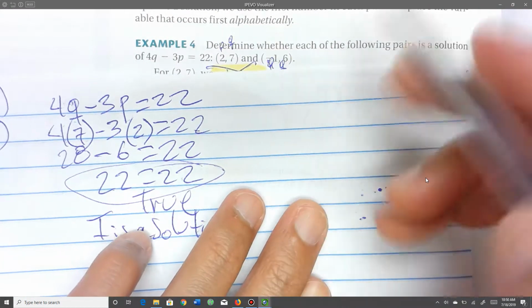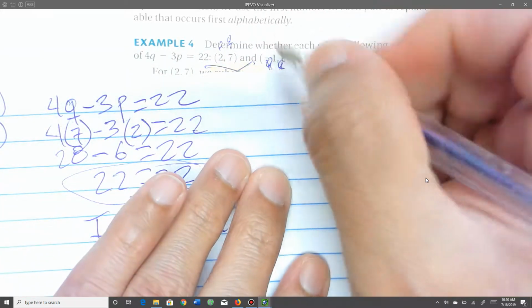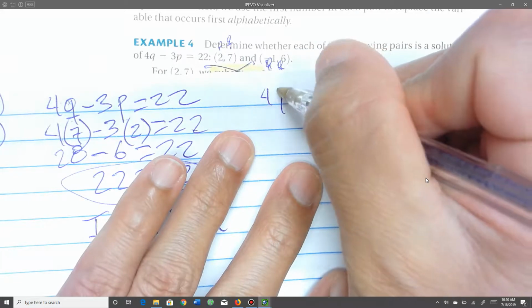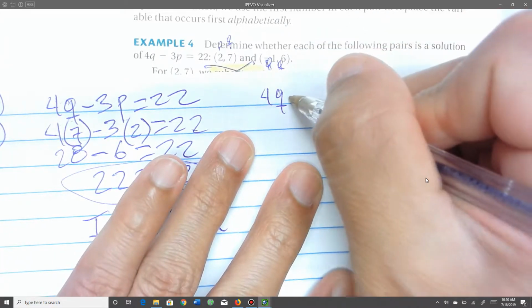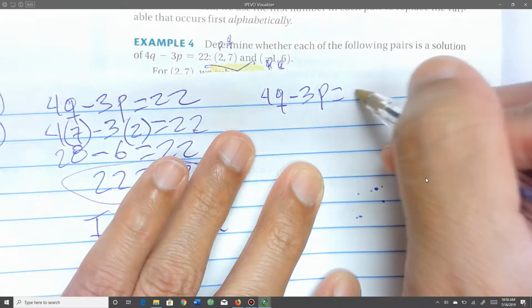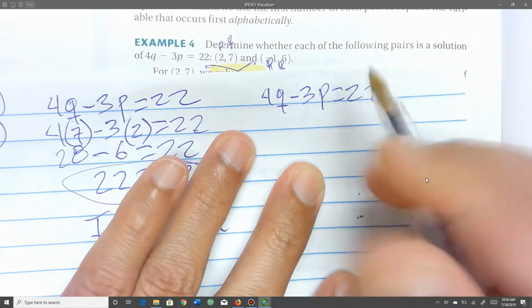This one, -1, 6. Again, make sure you rewrite the equation on your paper just so you can have it right there. In this way, you know exactly what to substitute.